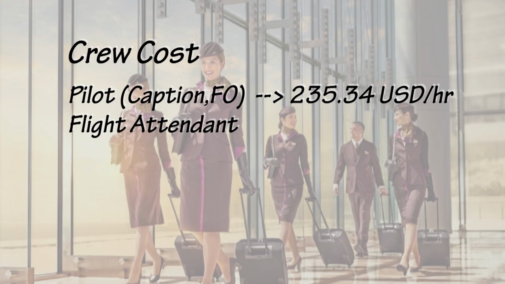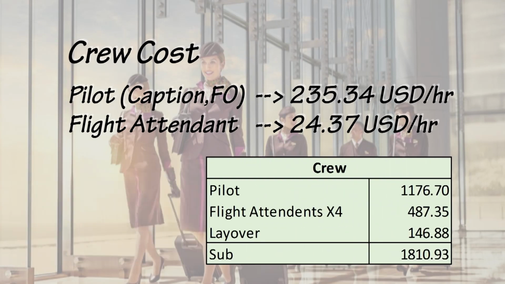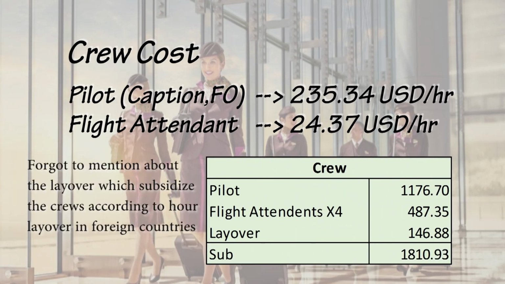Other than the pilots, we have the flight attendants, whose pay is about $24.38 per hour each person. Since the flight is more than 4 hours, the pay will be counted as 5 hours, which in total means the whole crew will cost about $1,800 per flight.